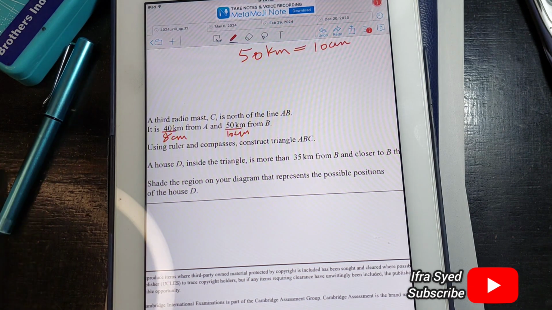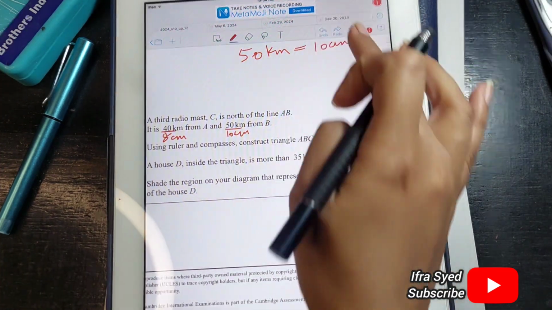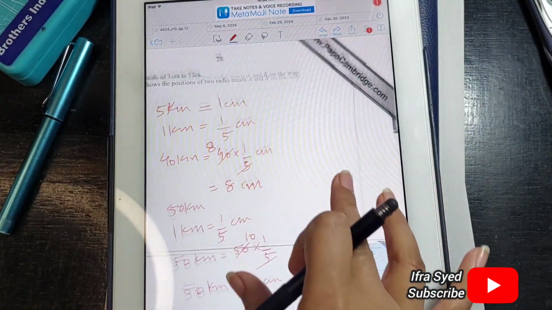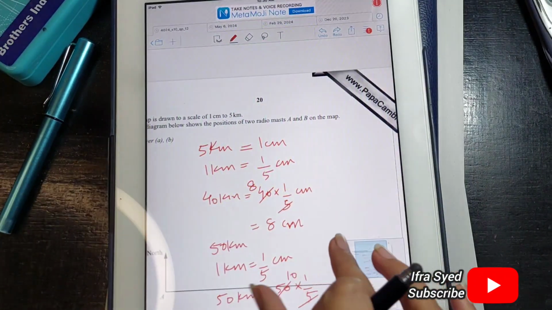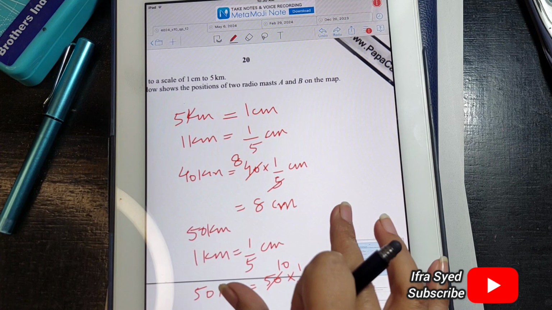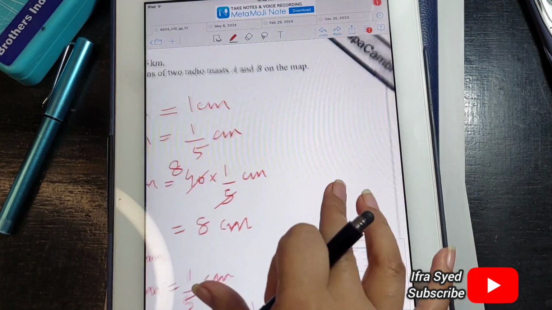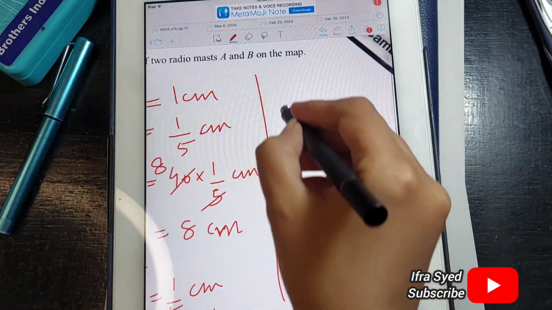First of all, we change this 35 kilometers into centimeters because we have to draw it on the map. We use the scale of 5 kilometers is equal to 1 centimeter, and 1 kilometer is equal to 1 by 5 centimeter.